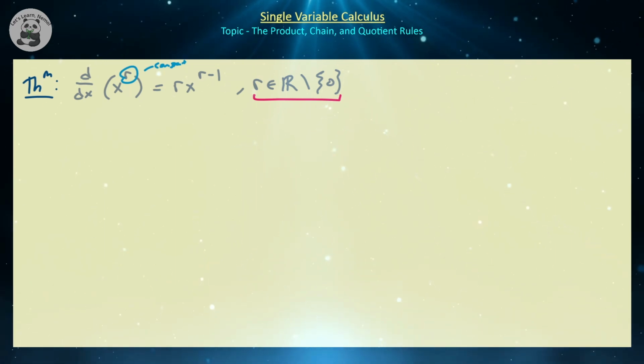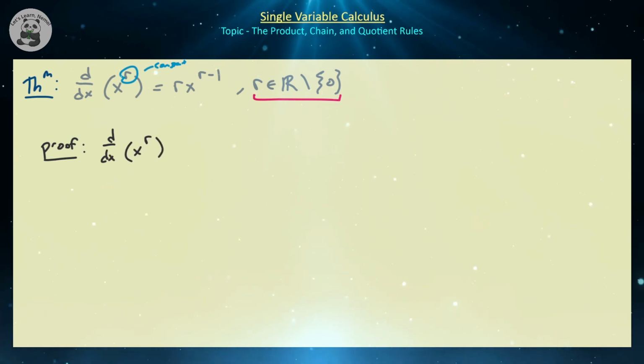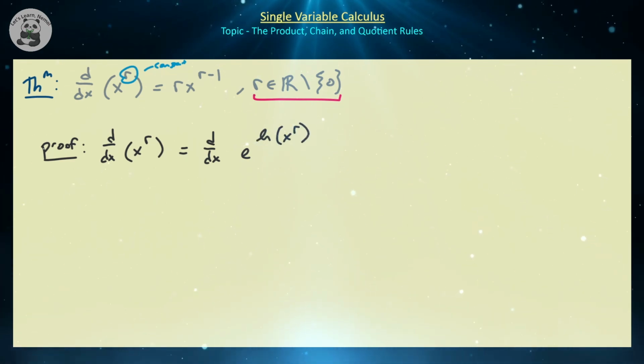The answer is actually yes. So let's just give a quick proof of this to show how we can use the chain rule to verify that. So the derivative of x to the power of r can be rewritten as the derivative of the exponential of the natural log of x to the power of r, because exponentials and natural logarithms cancel, so they're inverses. So this is actually equivalent.